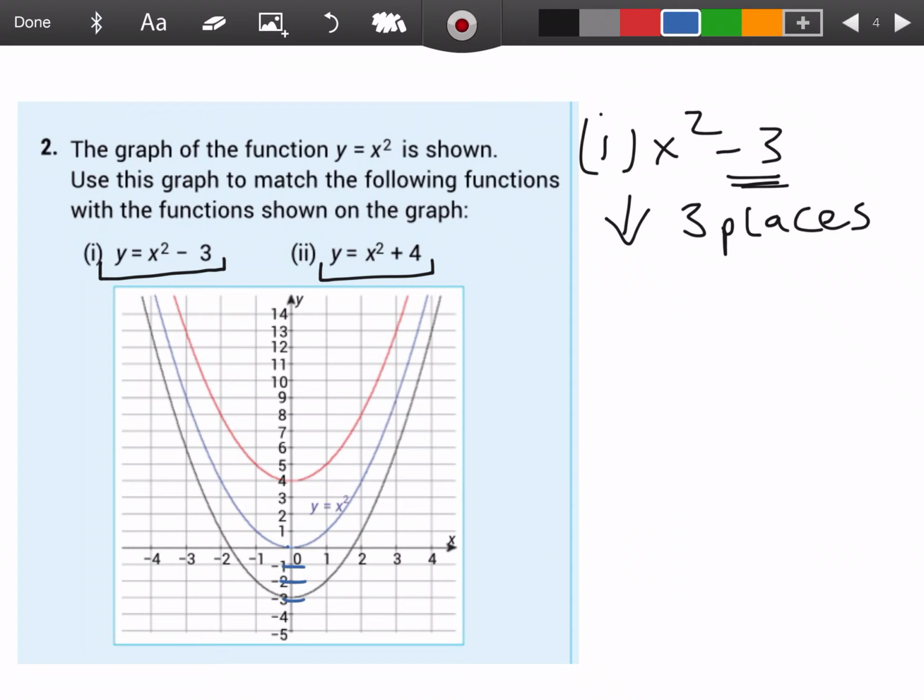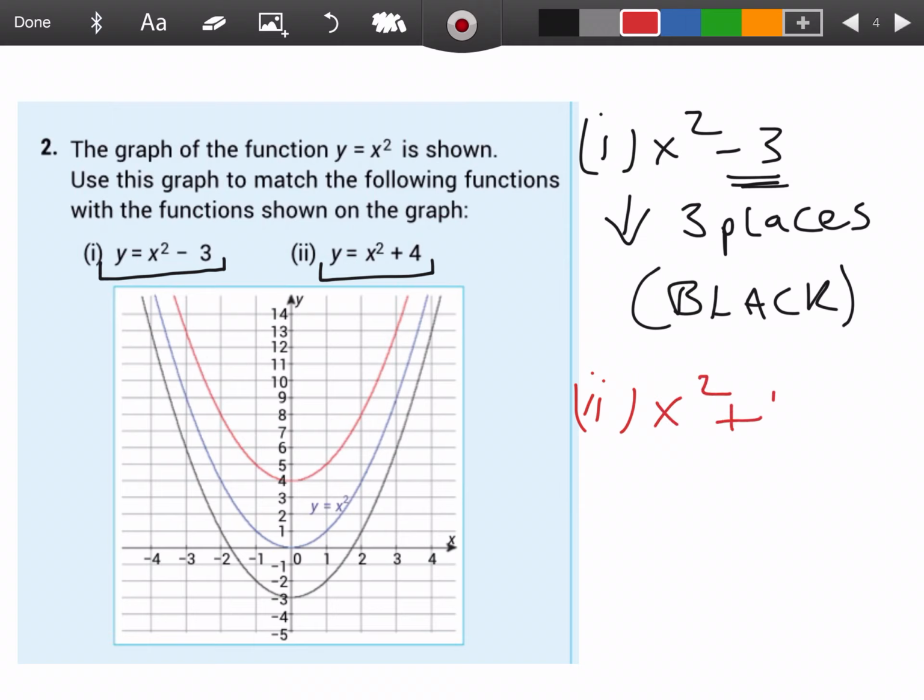So the x squared minus 3 is the black function in this case. The other one is the red one, part 2, x squared plus 4, and again it's the same shape, but it's moved up 1, 2, 3, 4 spaces from where it was originally. So the second one is the red one.